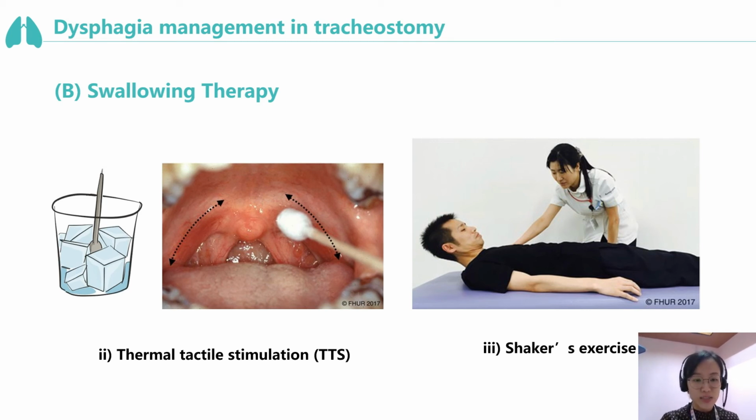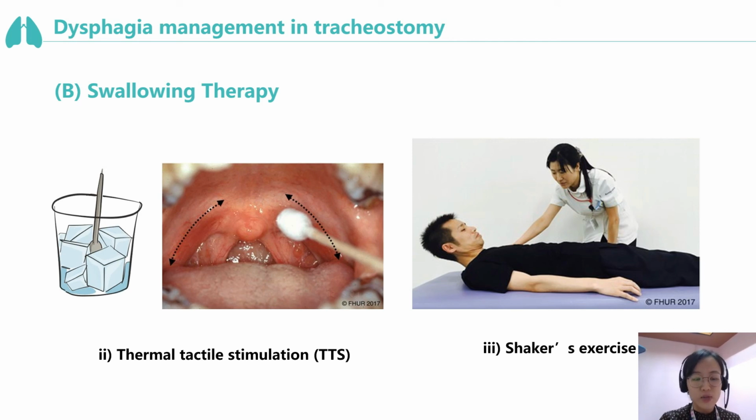Okay, so the second is thermal tactile stimulation, which is very well known to be used in patients with tracheostomy. Because patients with tracheostomy have a very desensitized larynx. When you give water, the swallow reflex is triggered very late. So for TTS, you put a metal spoon into a cup of ice so that the metal spoon has the cooling effect.